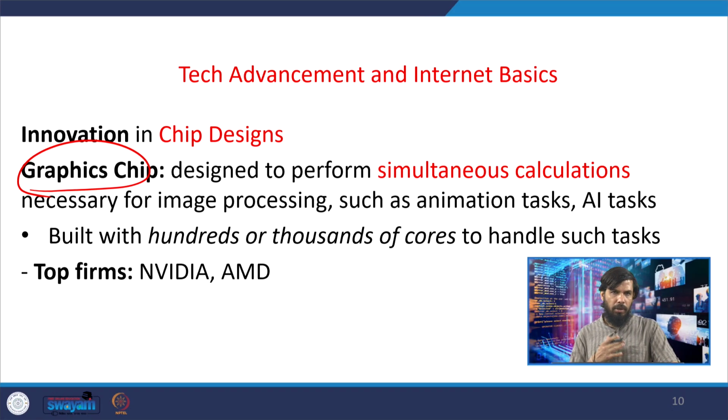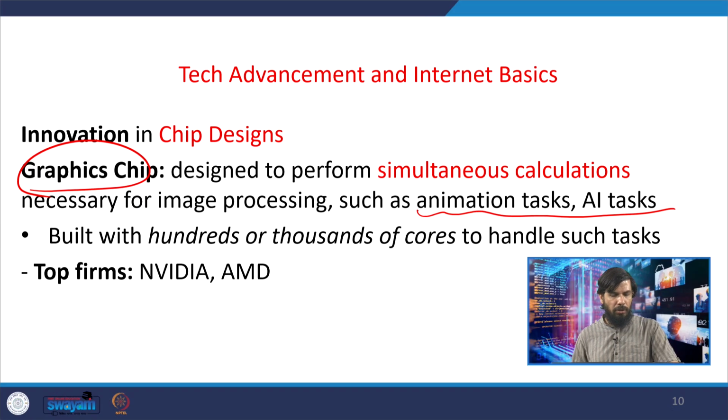And because different images we can process parallelly, simultaneous calculations can be done. And the use case is animation and AI tasks, where we are typically dealing with large image data sets.